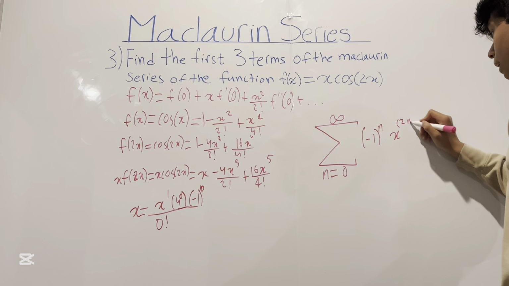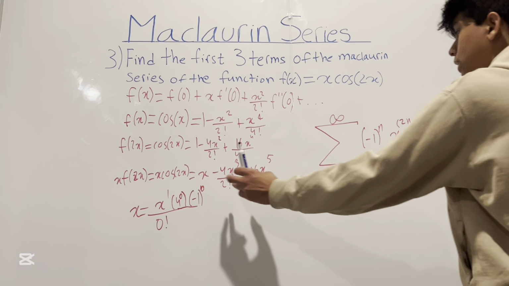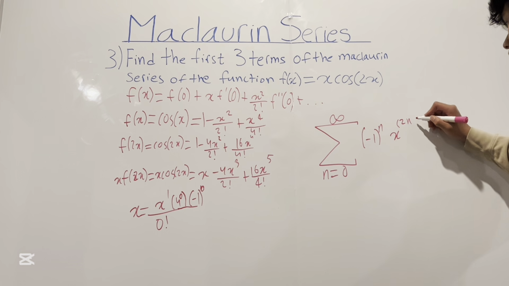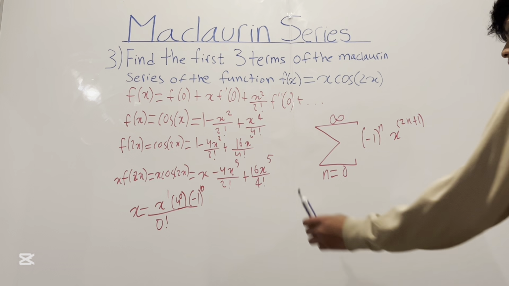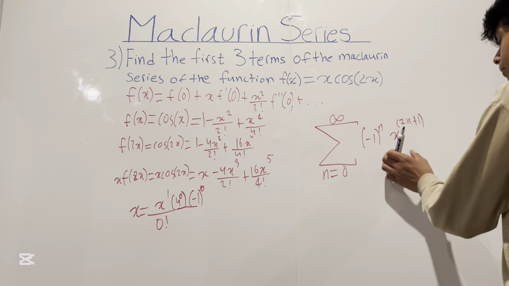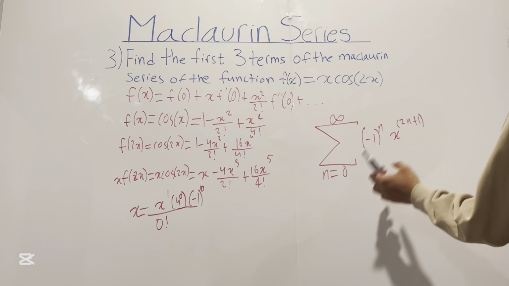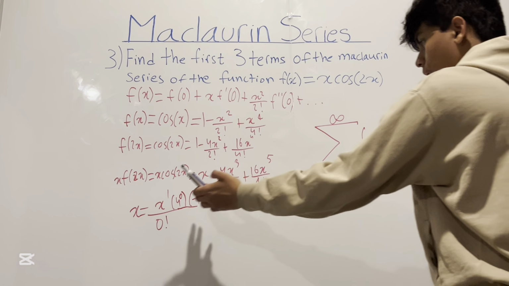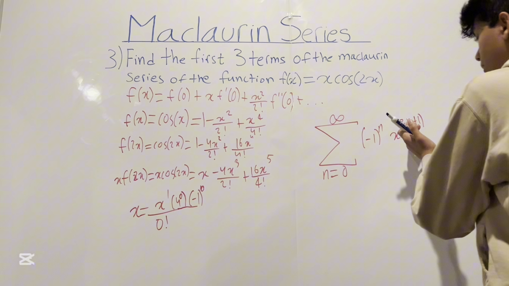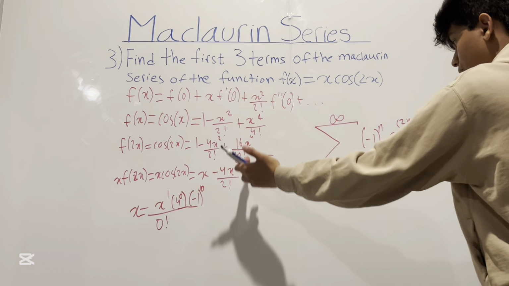So we'll write 2n, but that's not it. Since these are odd powers, we're going to have to do 2n plus 1. And this works because if you put n equals 0, this is 2 times 0, which is 0, plus 1, which is just 1, x to the 1. n equals 1, 2 plus 1 is 3, x to the 3.